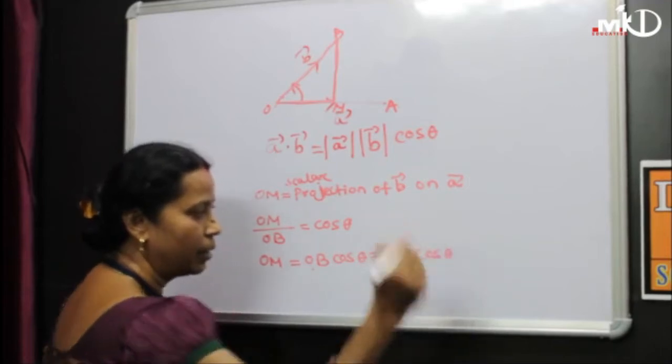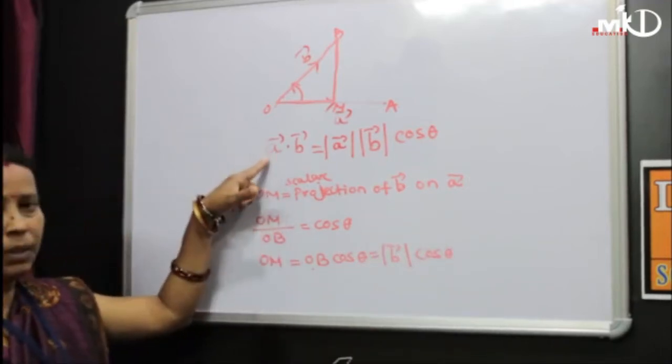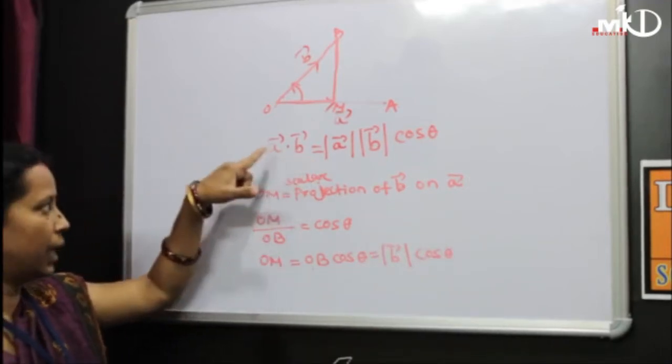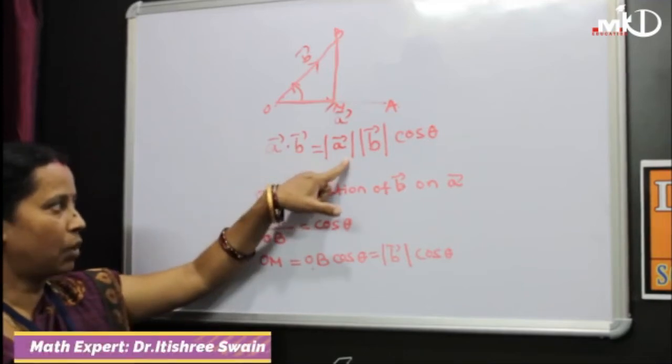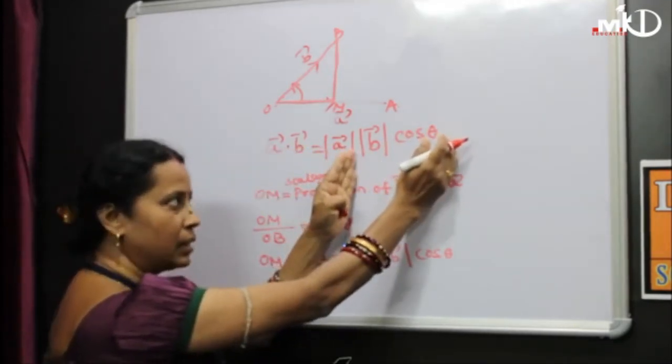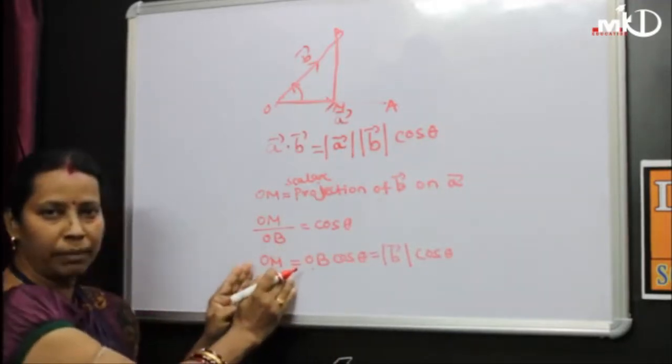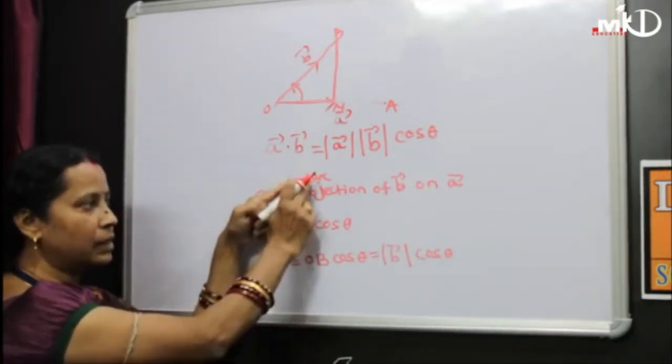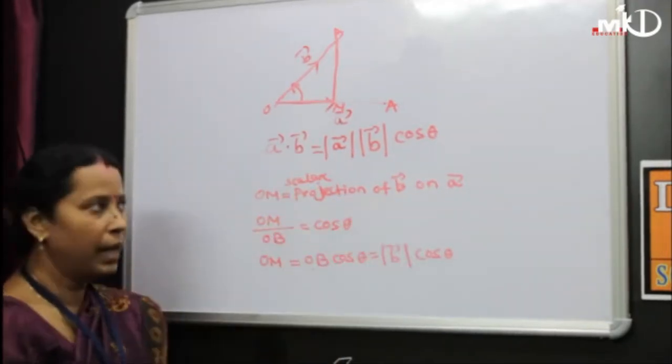So whenever we define the scalar product A bar dot B bar, it is modulus of A bar, and in place of modulus of B bar cos theta, we can write OM. And what is our OM? It is the scalar projection of B bar on A bar.